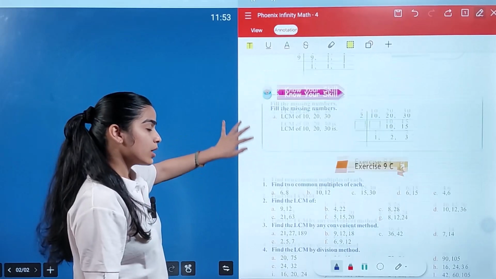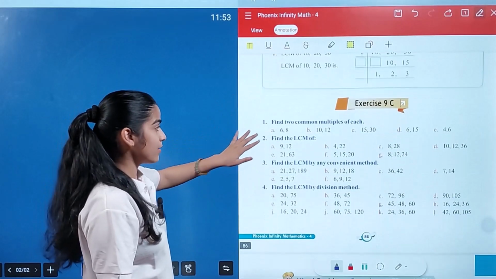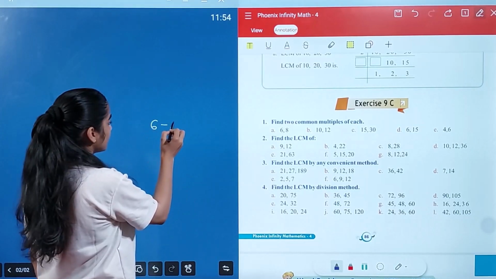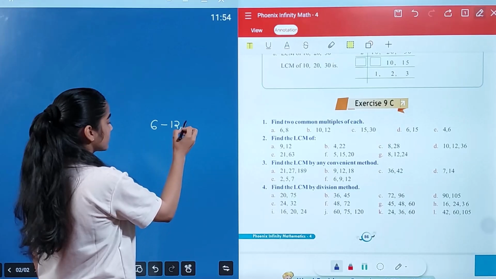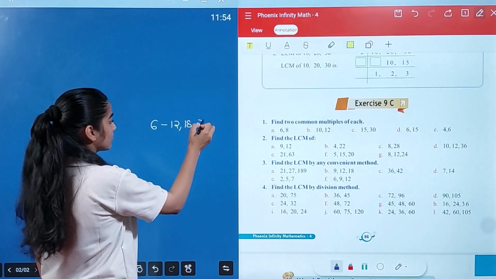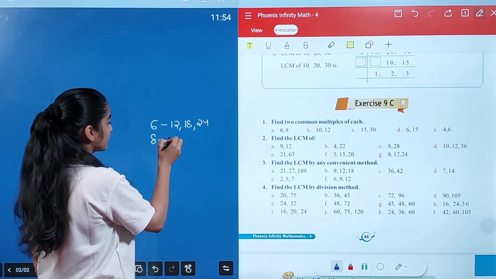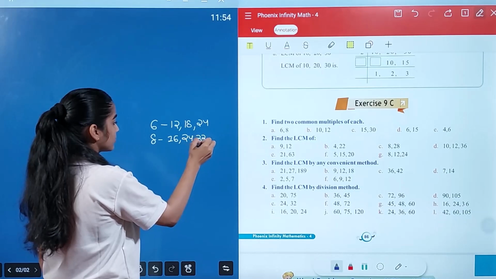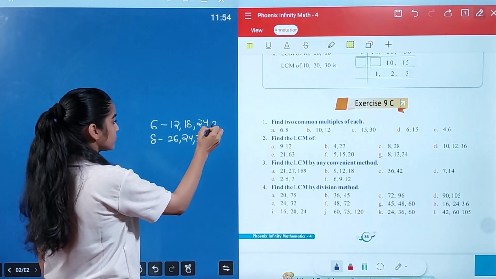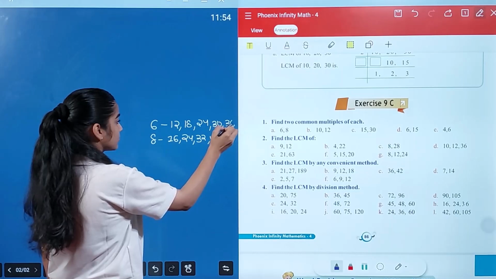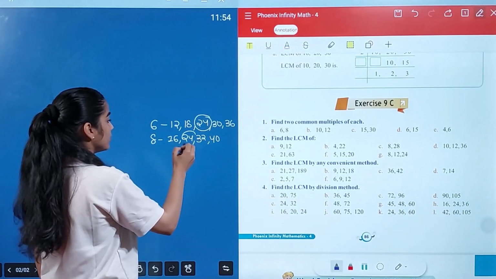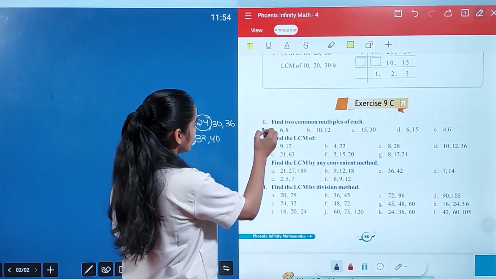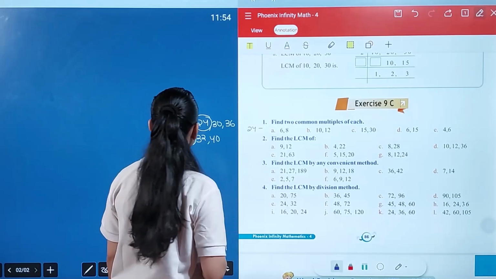Now we move forward to our next exercise, which is 9C, and here we have to find two common multiples for each. So for 6 we have 12, and for 8 we have, so here we have only 24 as a common multiple.